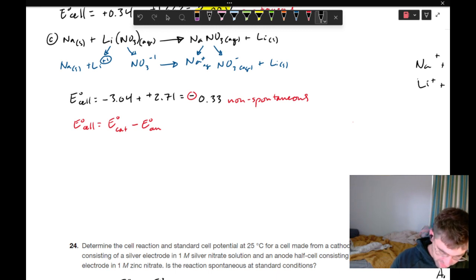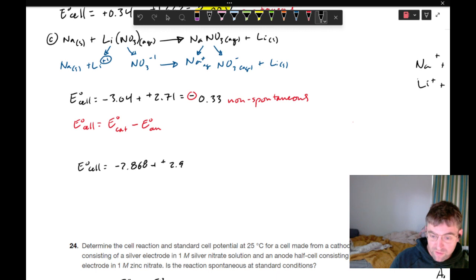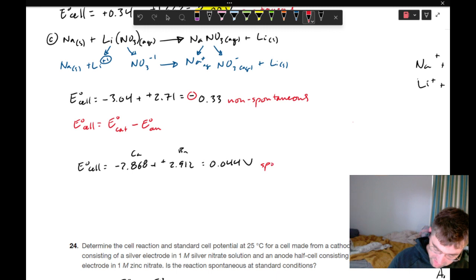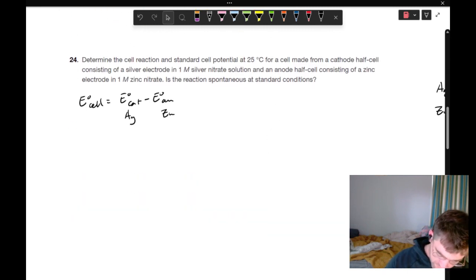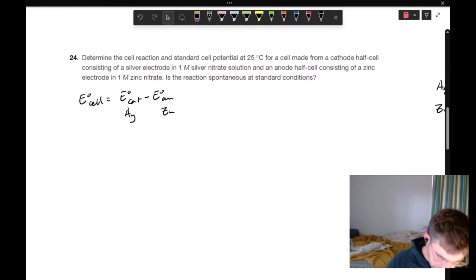So if you want the answer key, calcium is your cathode, 2.868 minus a negative 2.912. That's your barium species, equals 0.044 volts. It's positive, so that is spontaneous. Very much the same problem.